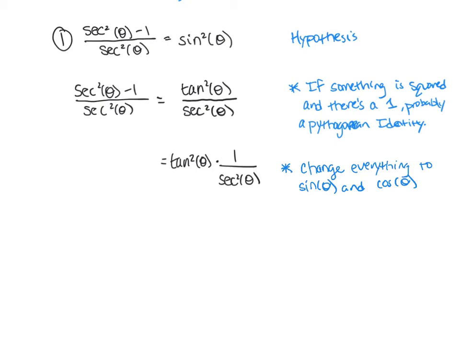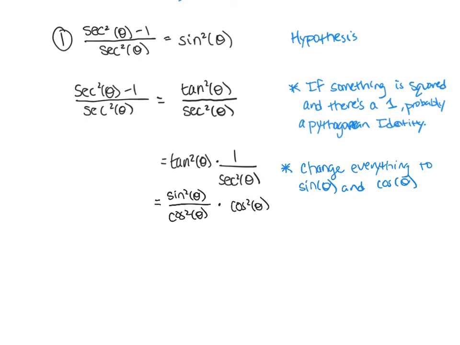So if we change tangent squared theta into sine and cosine, we're going to get sine squared theta over cosine squared theta. Those squares have to come along for the ride. And then if we change 1 over secant squared theta, well, that's one of our reciprocal identities, and this becomes cosine squared theta. I take a look at this and I go, you know what?